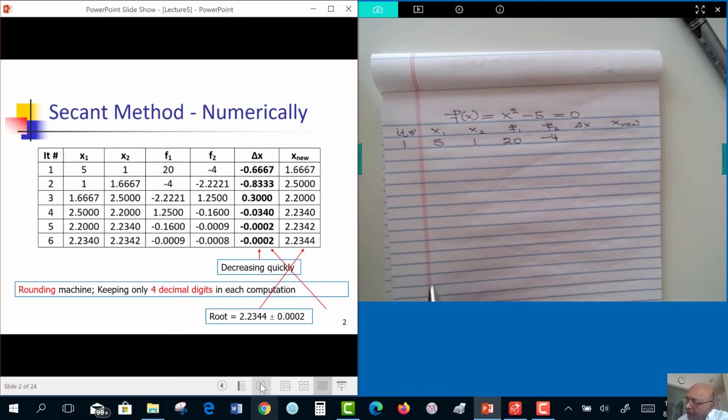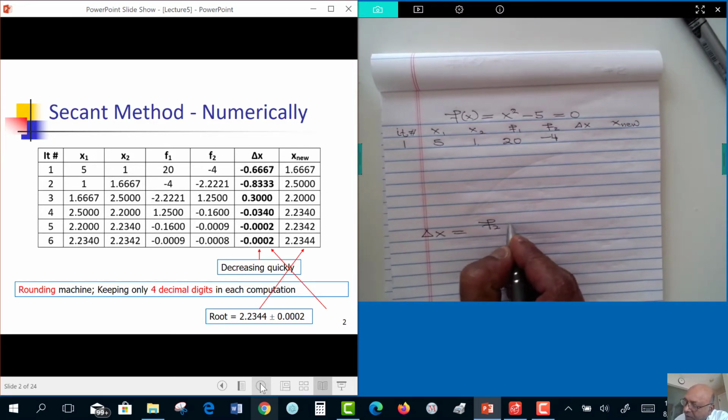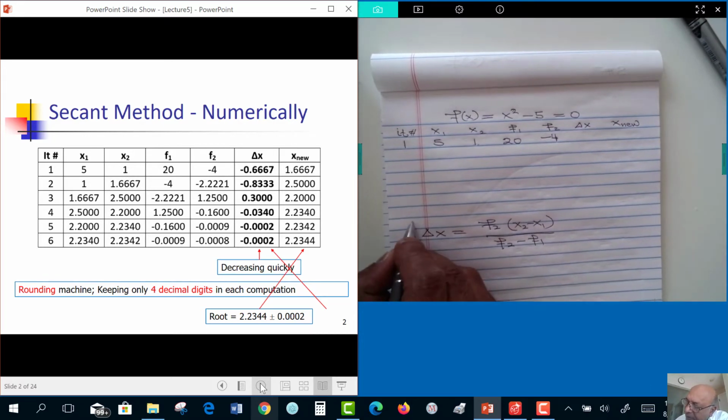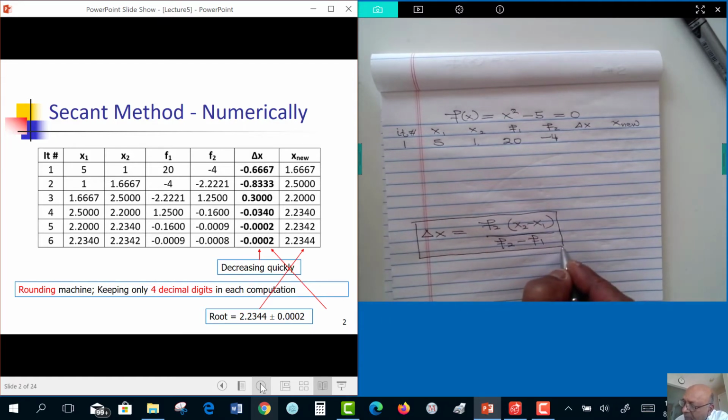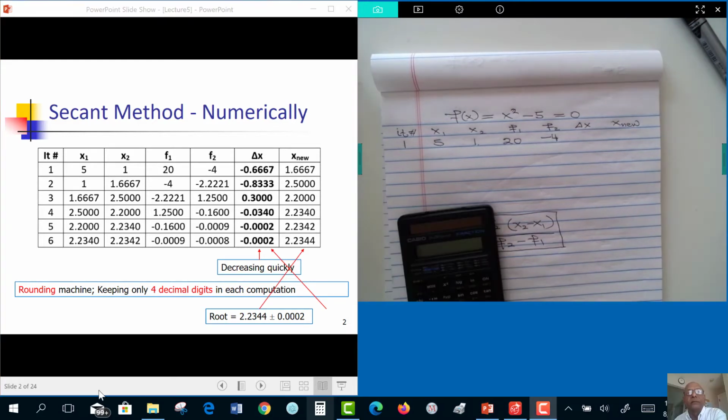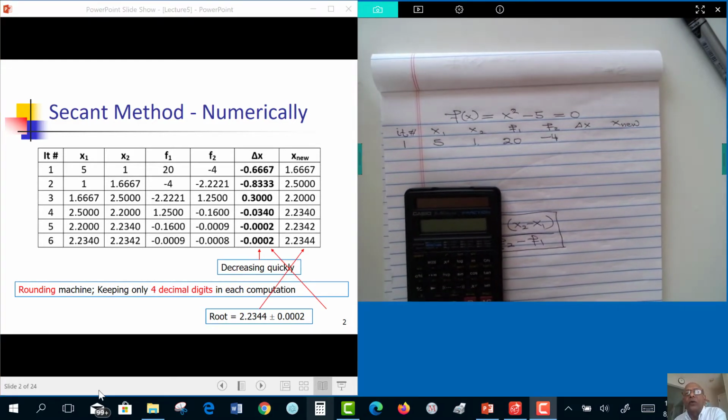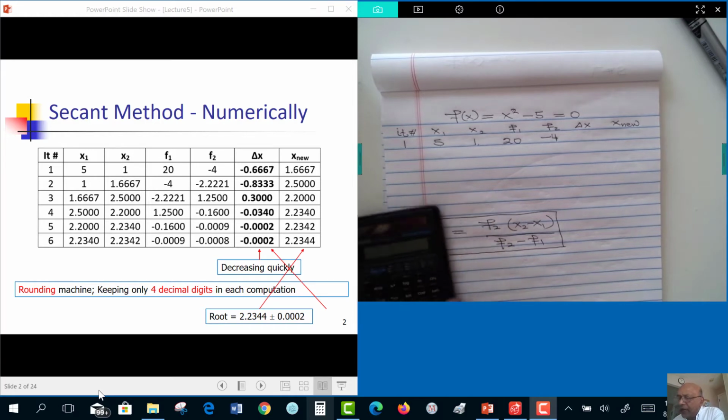And our formula, remember, was, let me write it on a side somewhere, delta x was f2 times x2 minus x1 over f2 minus f1. Okay, so we use our calculator.